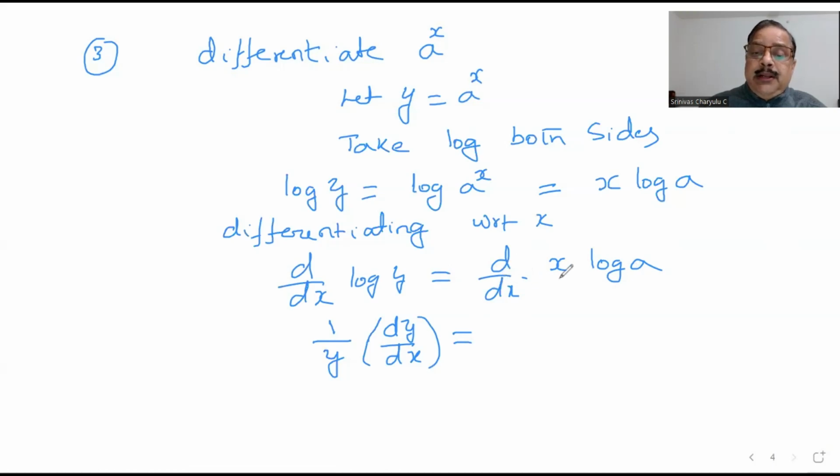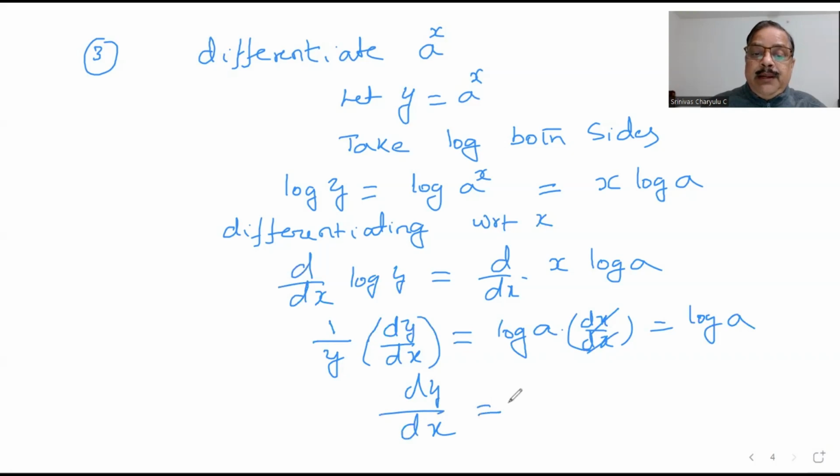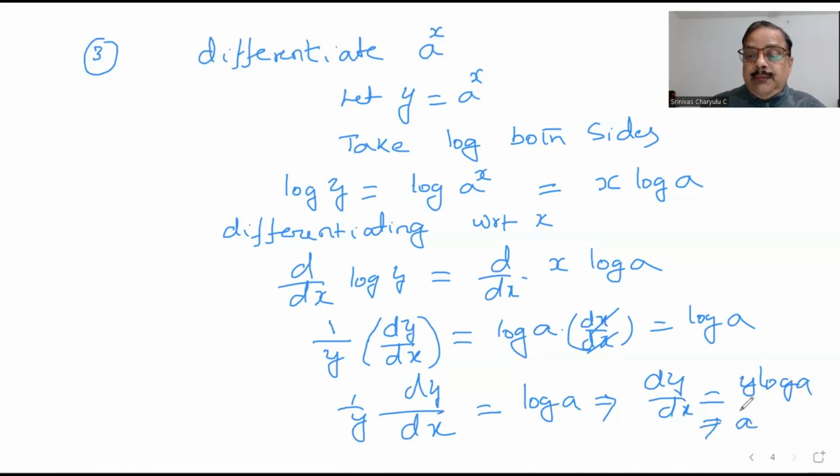Here d by dx is applicable only to x, not to log a. So log a we write here, and dx by dx is 1. So this becomes log a. Therefore dy by dx is equal to y multiplied by log a. So dy by dx is equal to y log a, and y means a to the power of x, so a to the power of x log a.